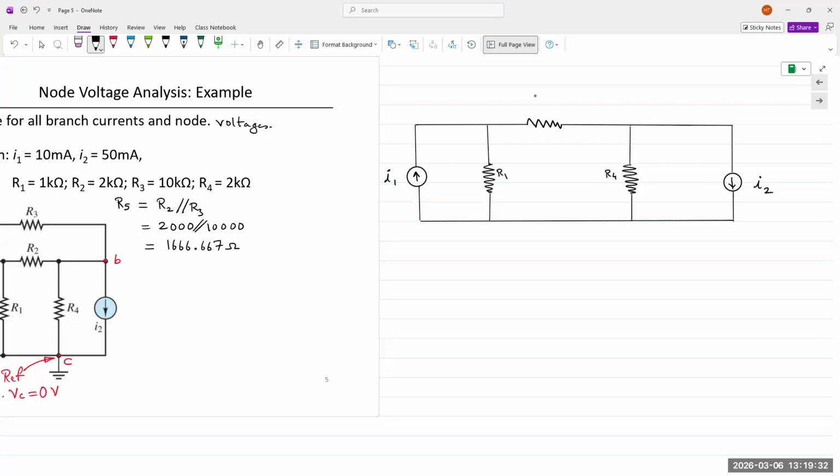This is R4. This is R5, which was the parallel combination of R2 and R3.